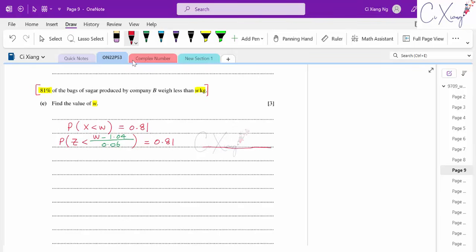Now if we visualize it using a normal distribution diagram, 0.81 refers to the area under the normal curve. So 0.81 is a big area, more than half. And since Z smaller than the particular value has the area 0.81, this particular value should be on this side.